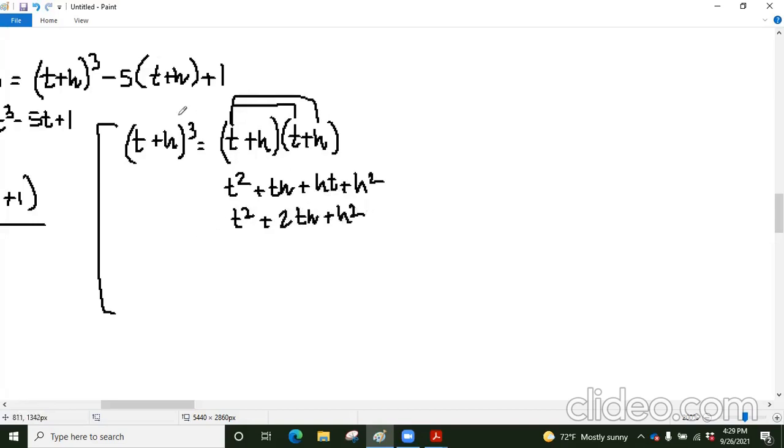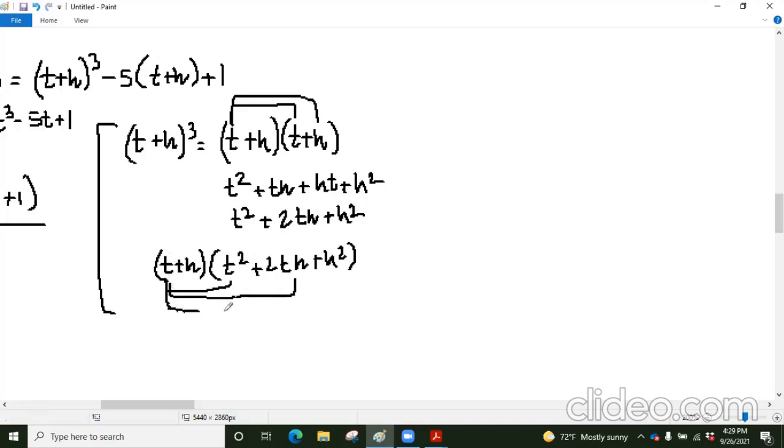And then because you had a cube here, you would do t plus h times t squared plus 2th plus h squared, and then you're going to distribute. So you want to do this first, and then go ahead and do this.